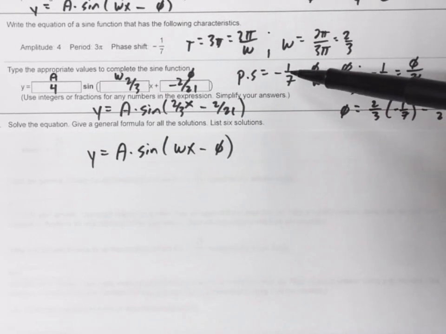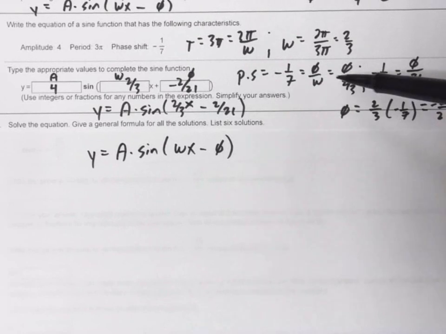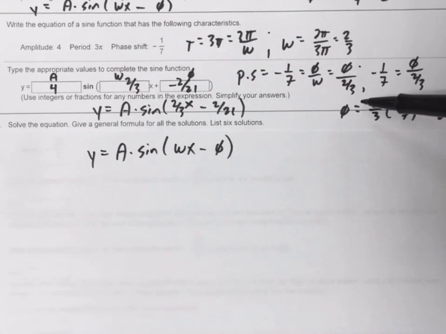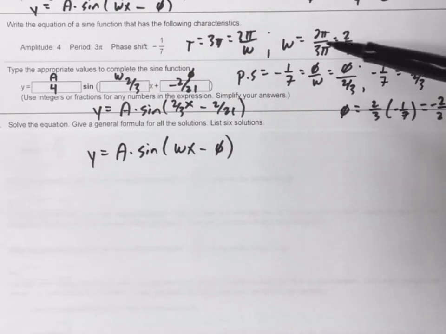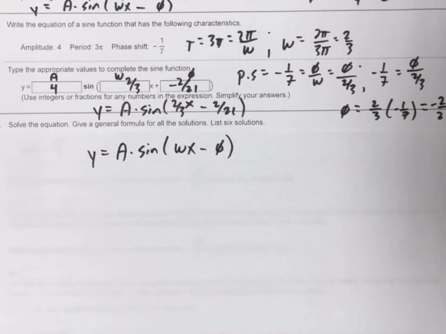The thing I can think of is when they define phase shift, it's negative, they want it to be positive, but that's not very clear to me. So if there's ever a problem like this on the test, I'll make sure it's okay.